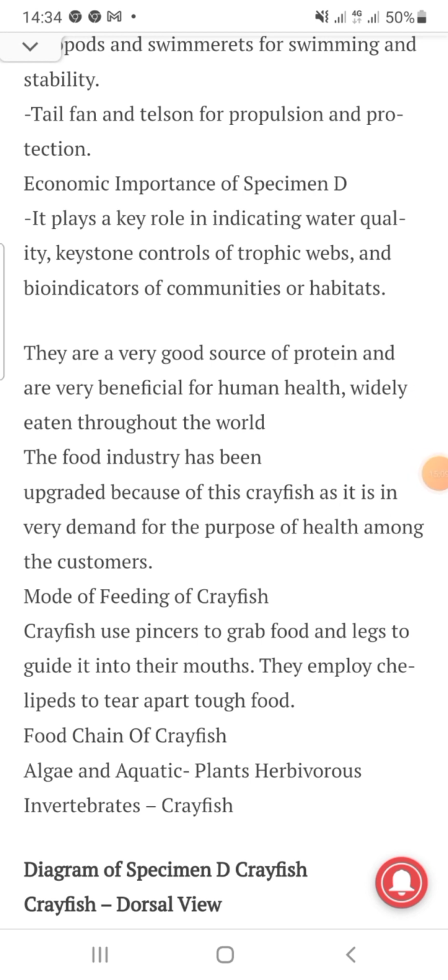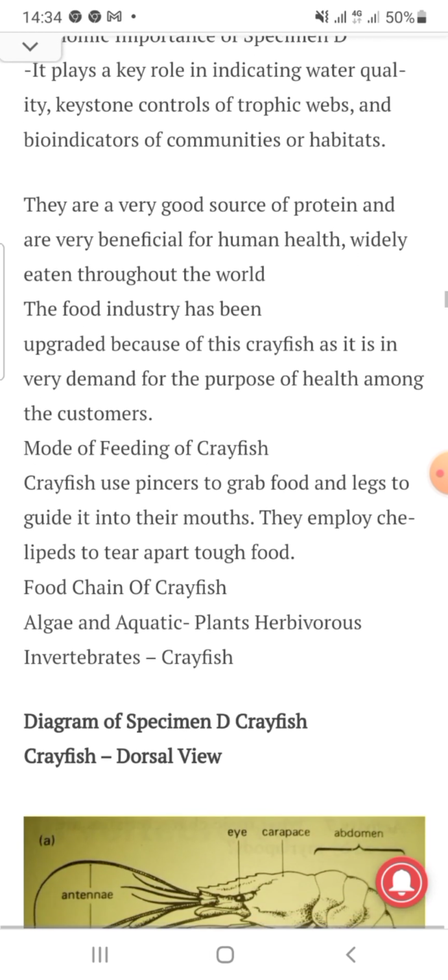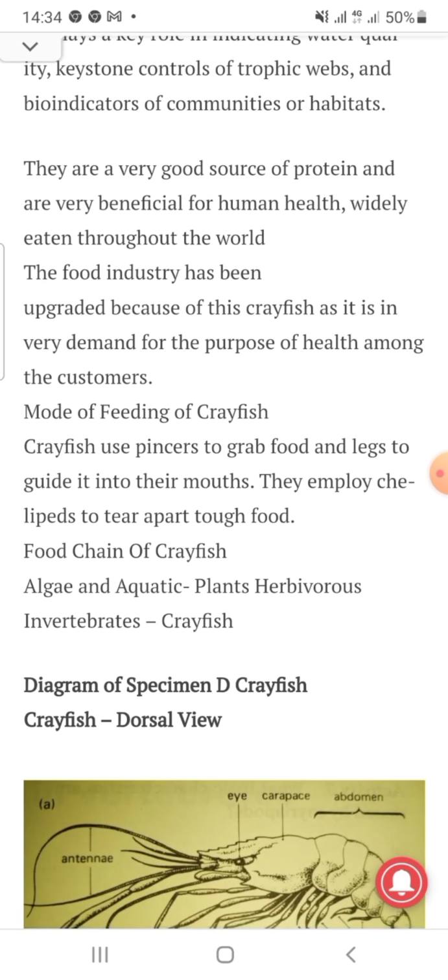They are a good source of protein and are very beneficial for human health, widely eaten throughout the world. The food industry has been upgraded because of this crayfish, as it is in very high demand for the purpose of health among the customers.